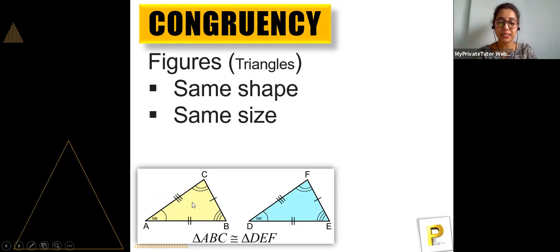This side and this side are the same. Again, this and this side are the same. AB is congruent to DE, AC is congruent to DF, and FE is congruent to CB. All these sides are congruent, and if we talk about the angles, the angles are also congruent. So same shape, same size are considered to be congruent.